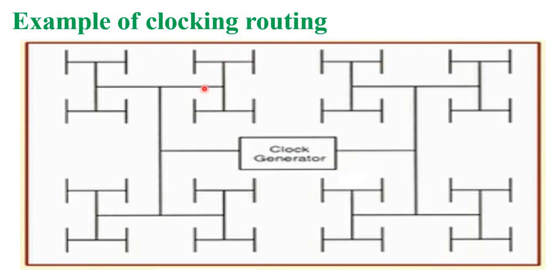If the IO blocks are fixed, that is called placement. And after taking those blocks we can interconnect them, that is called routing. Okay, thank you.